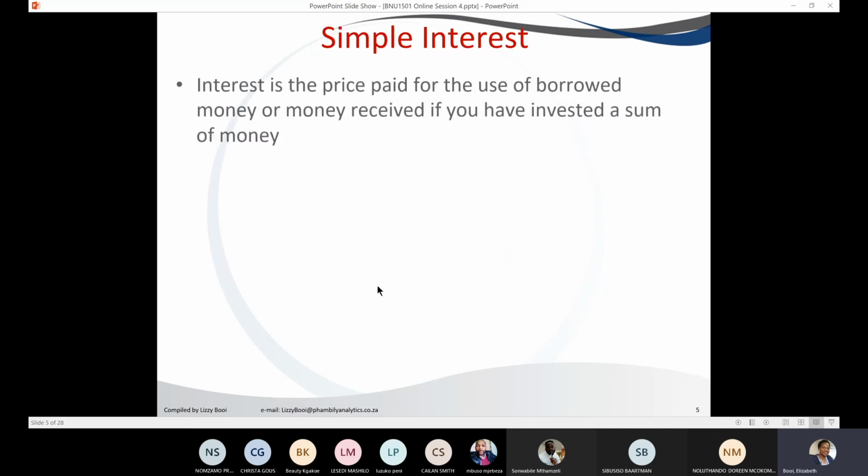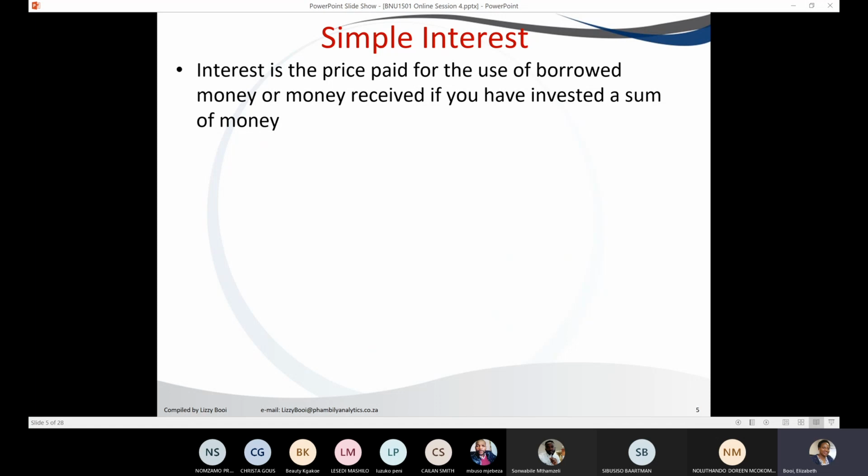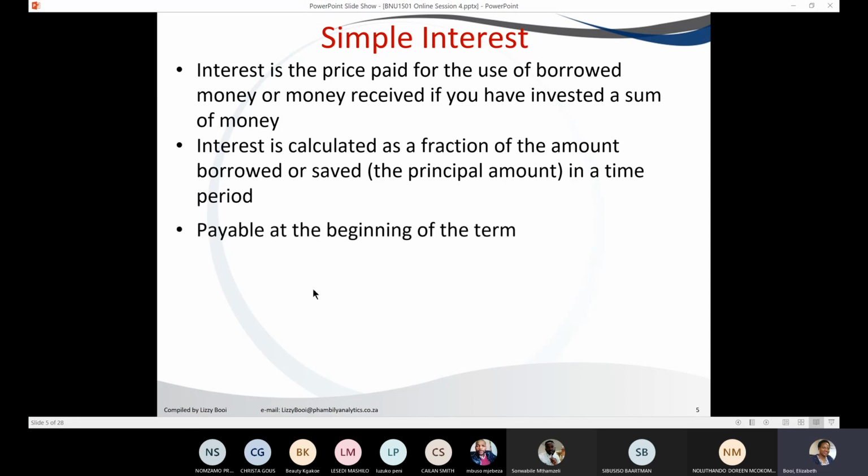Simple interest is the amount you receive or pay when you borrow money or you save money. And this is always calculated at the beginning of the term as a proportion of the amount you borrowed.